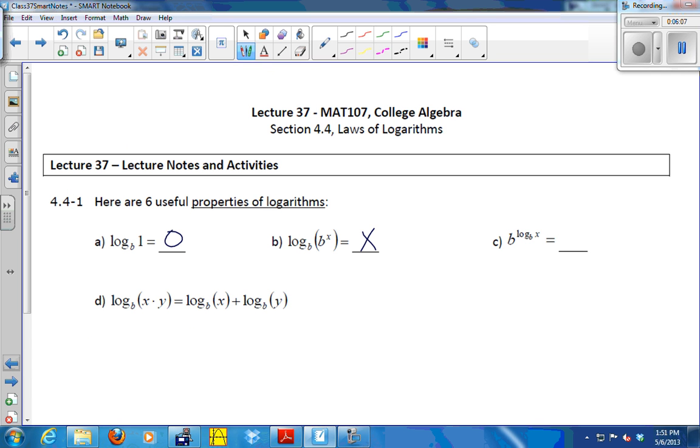So b to the log base b of x is x. It's kind of like asking, what's the name of the boy named George? Right? b raised to the power that you raise b to make an x is x.